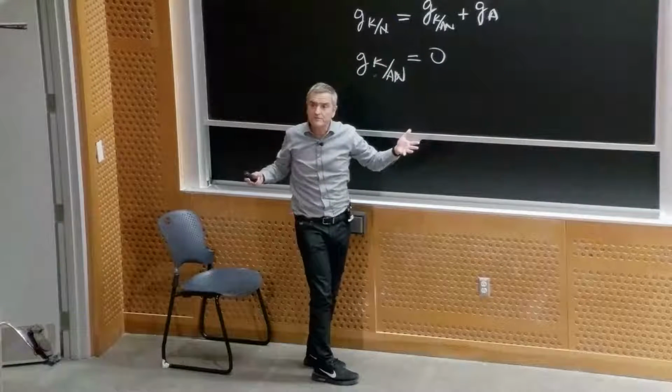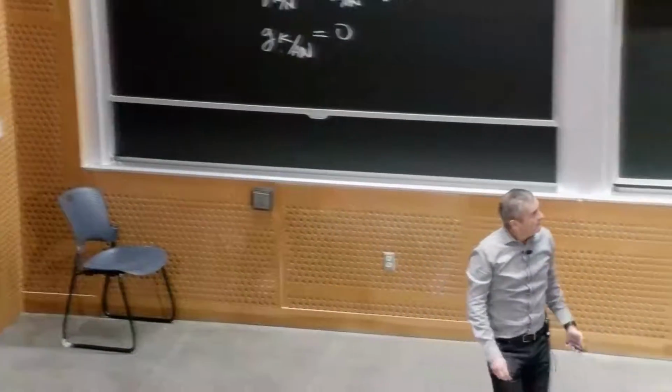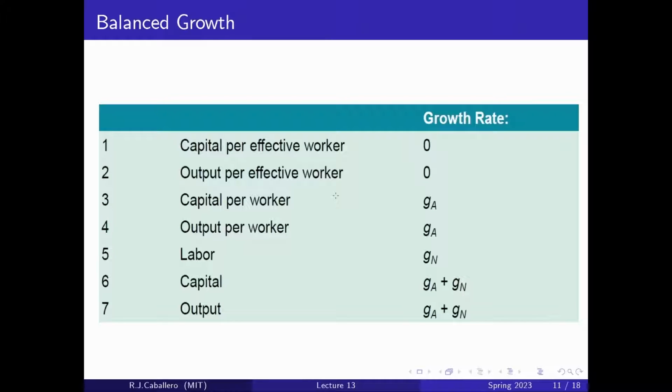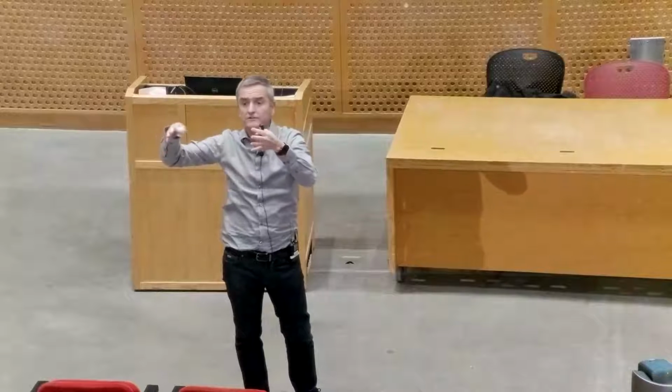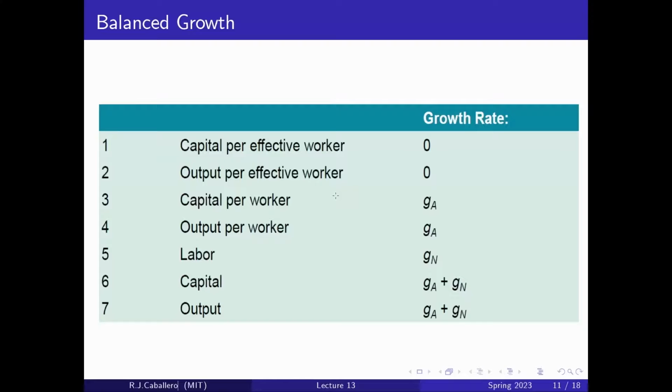Otherwise, I wouldn't be able to maintain that ratio constant. And the same logic applies to output per worker, because in that steady state, output per effective worker is constant. But A is growing. So output per worker must be growing at the same rate as A, and that's GA. Okay, good.